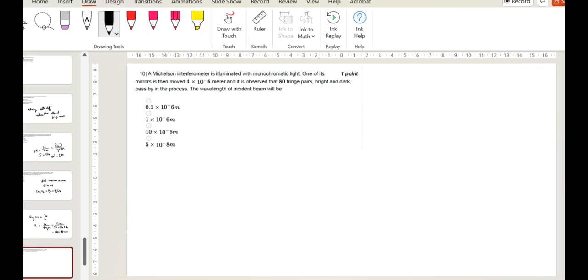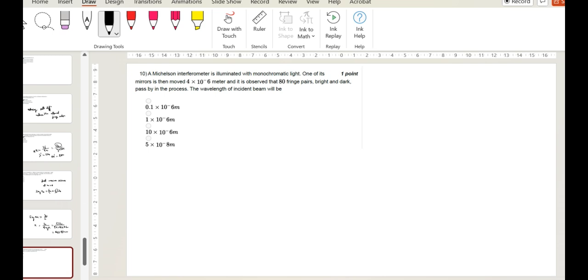The 10th question is, a Michelson interferometer is illuminated with monochromatic light. One of its mirrors is then moved, and it is observed that 80 fringe pairs, both bright and dark, pass by in the process. The wavelength of the incident light is to be found.